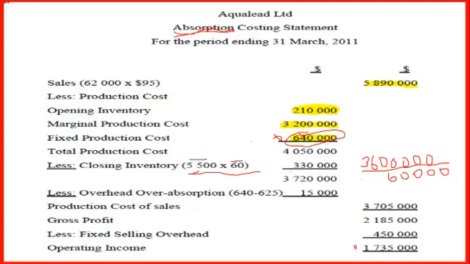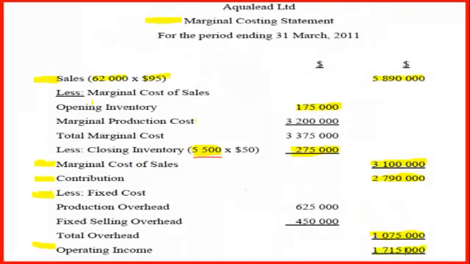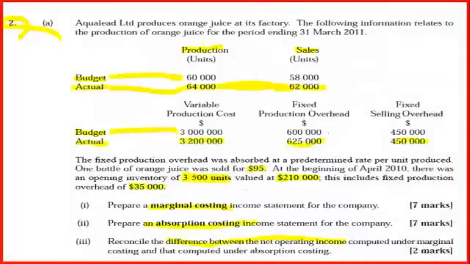And then you would end up with overhead either being over absorbed or under absorbed. Okay, if you had more units, sorry, not more units, but more money budgeted.